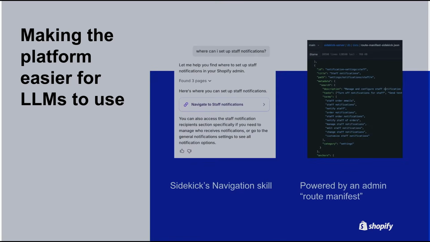So we really had to put in a lot of work to create what we call a route manifest that describes all the routes in the admin, giving them natural language descriptions, including these search terms that you see here. It's really just creating data that is tied into your application, so that when developers are adding a new page, they're forced to add a new route to this manifest. We're still working on ways to encourage people to put in proper natural language descriptions and search terms and keep them up to date. But then we use that both to render the actual application, and also to RAG with the LLM.